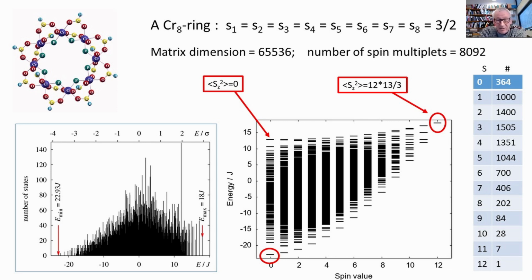And a different way of showing what is going on in this mess of states is to compute the energies, or show the energies as a function of spin value.